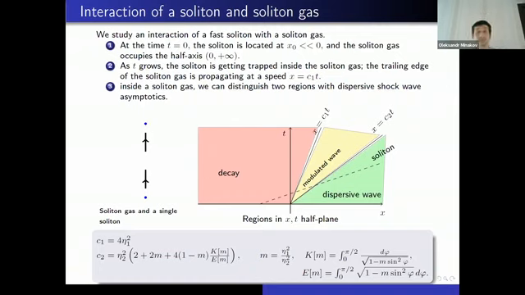Then in the long time asymptotic analysis, if we send t to infinity, it turns out that this xt plane decomposes into several regions. First, there is a left region where we have decay. Then there is a transitional region where we have a modulated elliptic wave.